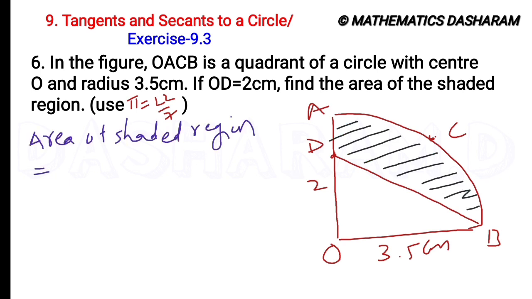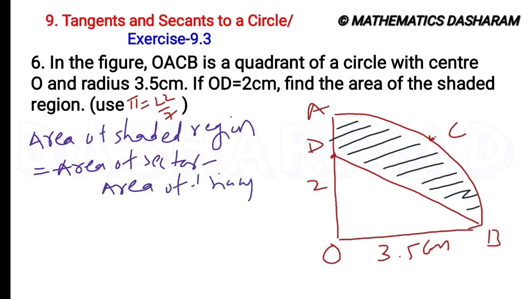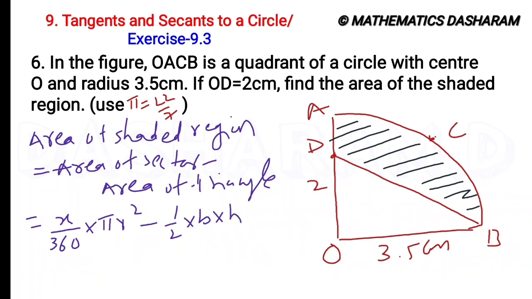So area of a shaded region is equals to area of sector minus area of a triangle. Okay, so area of a sector formula x by 360 into pi r square minus area of a triangle formula 1 by 2 into base into height.